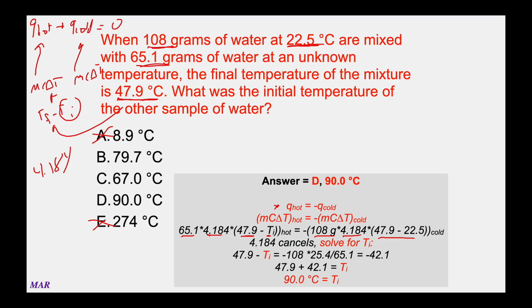So when you go through the math, and I encourage you to follow it, looks like the initial temperature is 90 degrees Celsius, all right? So the water started at 90 degrees Celsius. It was mixed with water at 22.5 Celsius, and at the end, it ended up at 47.9 degrees Celsius. Kind of a cool way to figure these things out.